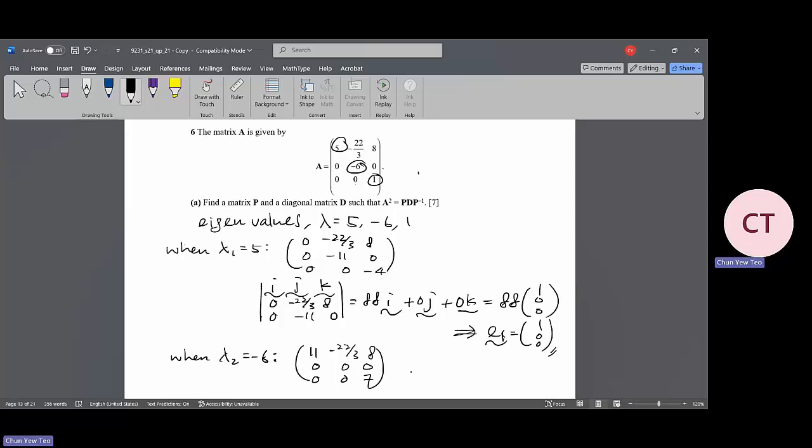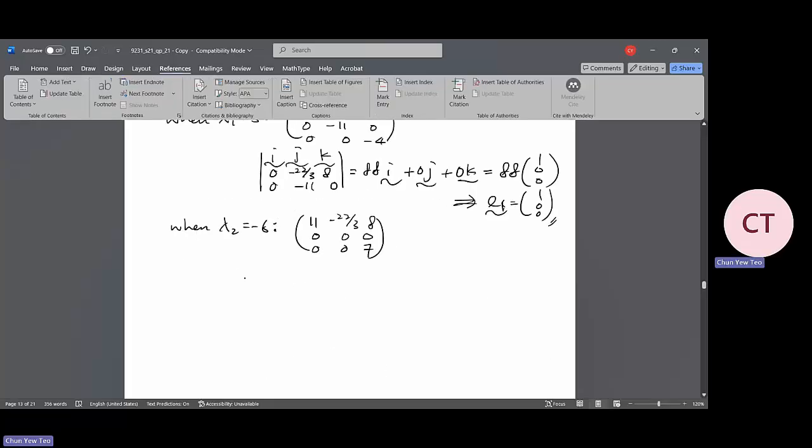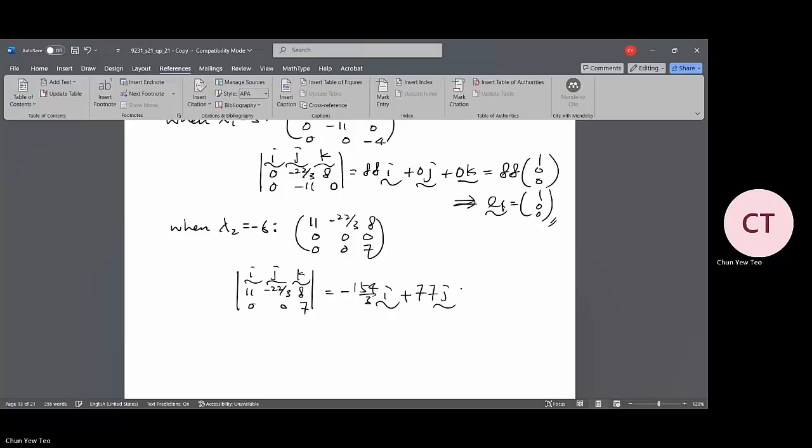So we take the first and the third row and find the cross product. So this will be 11, -22 over 3, 8, and 0, 0, 7. Just calculate it yourself. You get -154 over 3 i plus 77j plus 0k.